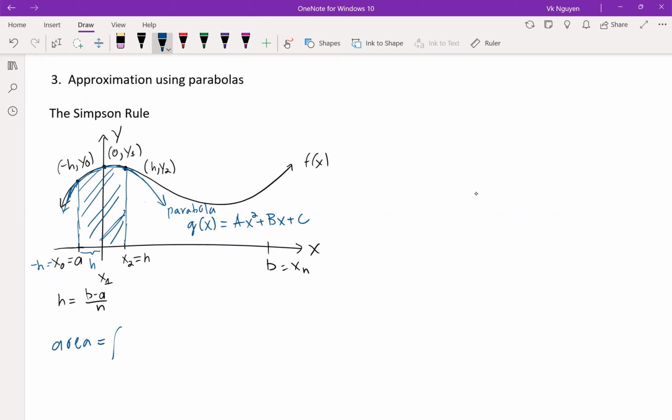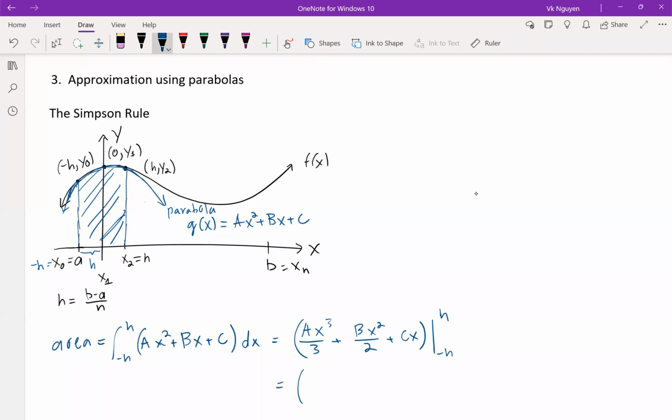Area is the integral from negative h to h of ax squared plus bx plus c, that is ax to the 3 over 3 plus bx squared over 2 plus cx, evaluated from negative h to h. Do the substitution.